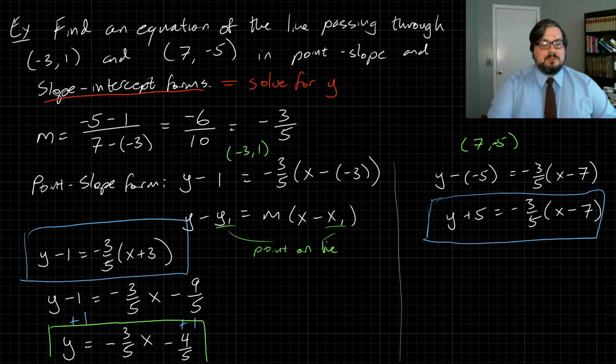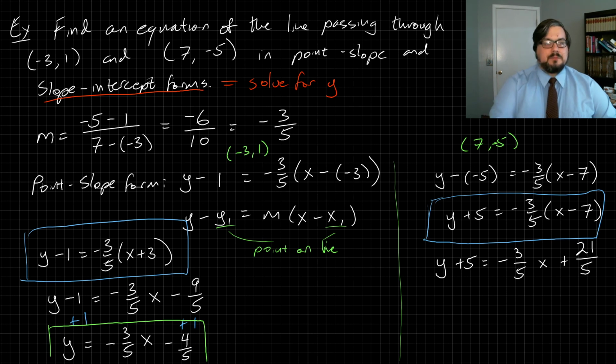Now let's do it with the right-hand side. We get y plus 5 is equal to negative 3/5 x. Now negative 3/5 times negative 7 will be positive 21/5. Then we subtract 5 from both sides.